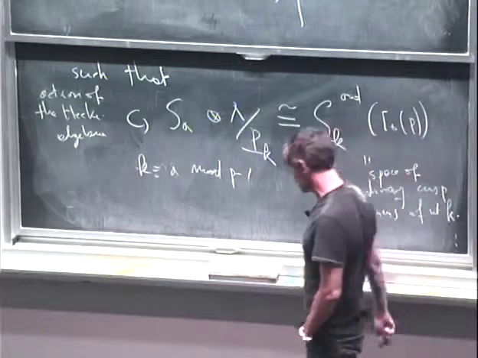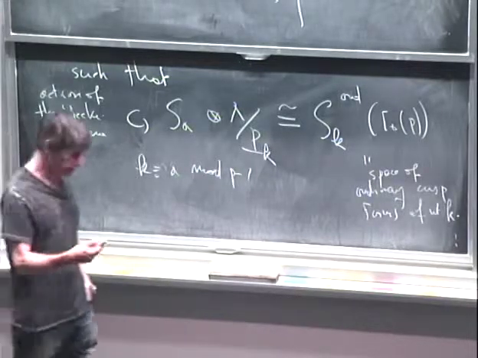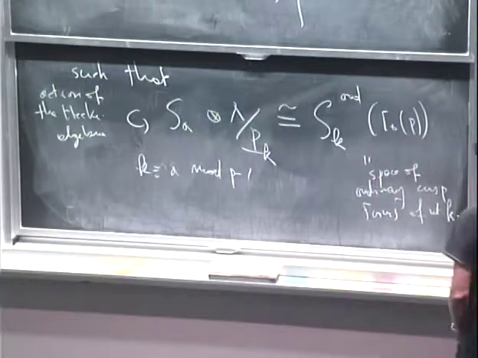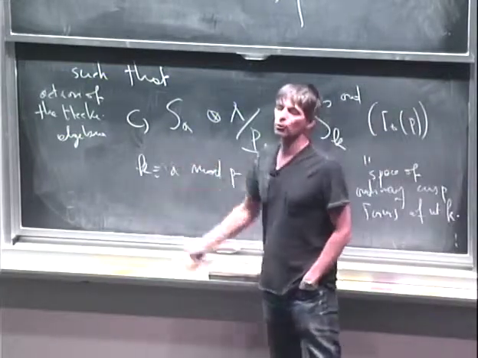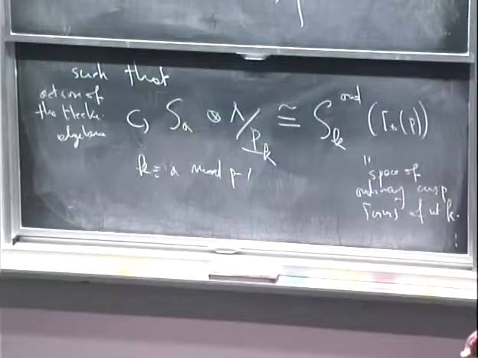And so if you look at the algebra generated by those Hecke operators, they form a commutative algebra, which, it can be shown, is the lambda-dual of S_A, and therefore is also free over lambda.